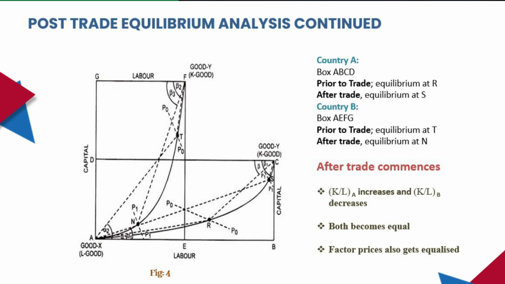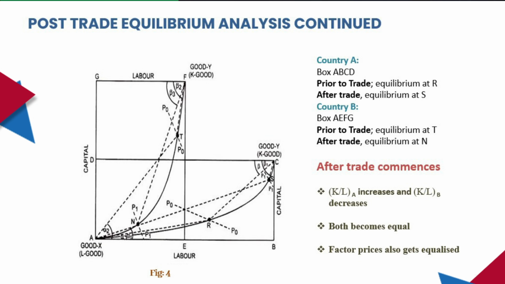If we see that initially in country A, the P0 line changes to a steeper line at point S, and alternatively the line P0 at point T changes to P1 at point N, which reflects the factor prices.